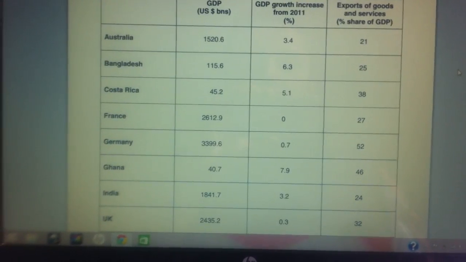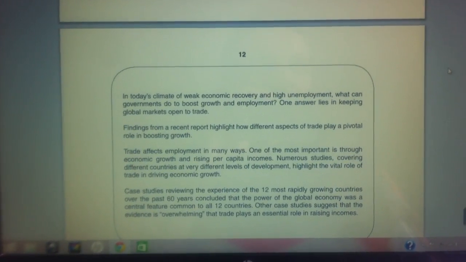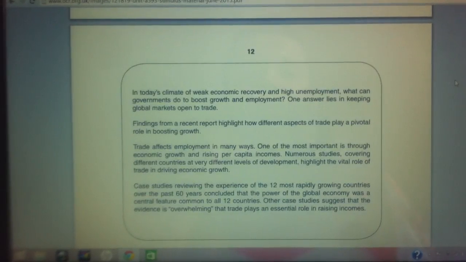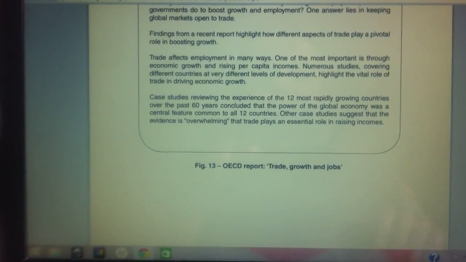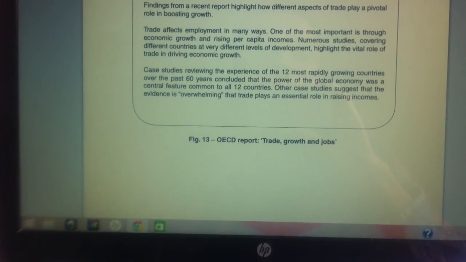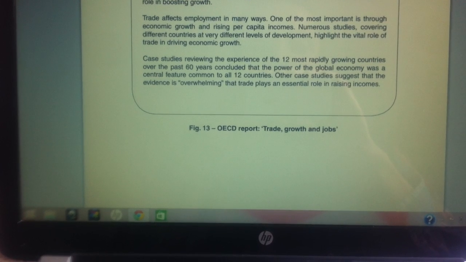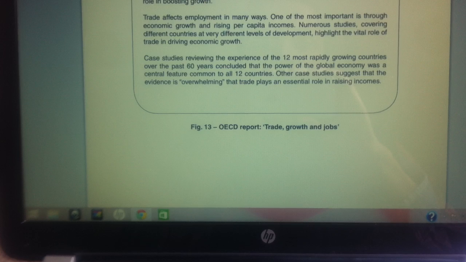So as a final point, you want to be anticipating a big final discussion question at the end of your A593 paper, probably focusing around trade, growth and jobs, as mentioned in the last extract here, and whether or not free trade is going to lead to growth and jobs predominantly.